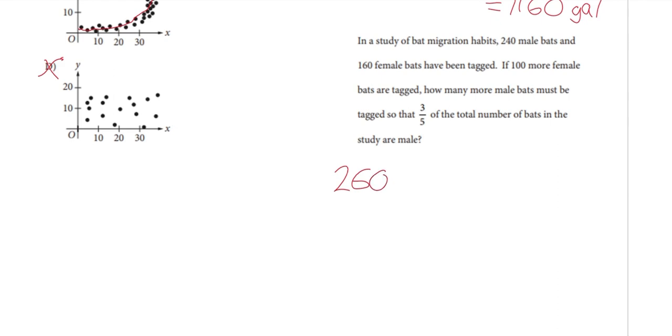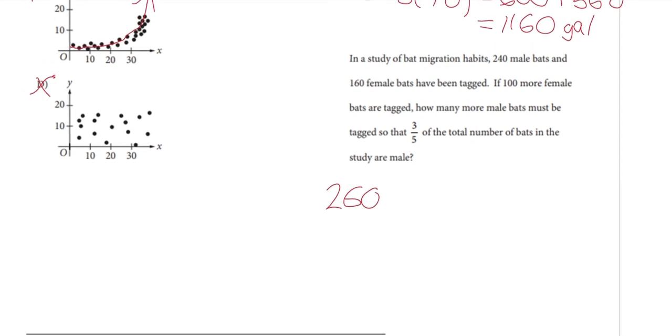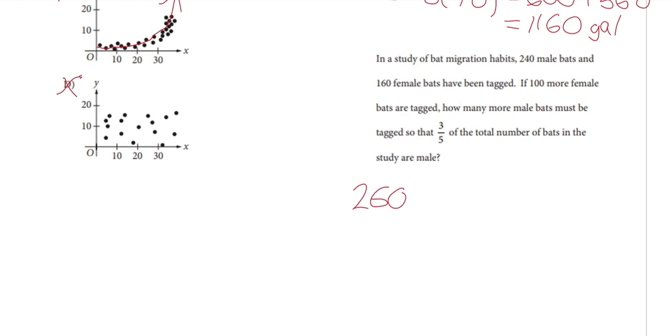In order to have 260 be 2/5 of the total, here they say that 3/5 of the total is male bats. So that means 260 must be 2/5. So we're going to set up the equation 260 equals 2 over 5 times x, where x is the total number of bats, both male and female.